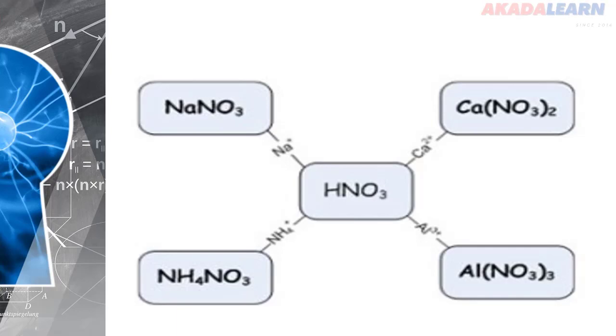If you take a good look at this slide, you will see how HNO3, when sodium replaces the hydrogen ion, you have NaNO3, a salt. When it is calcium, you see the salt that is formed there. When it's aluminium, you see the salt that is formed, and when it is ammonium ion, you also see the salt that is formed there. It's on the diagram.